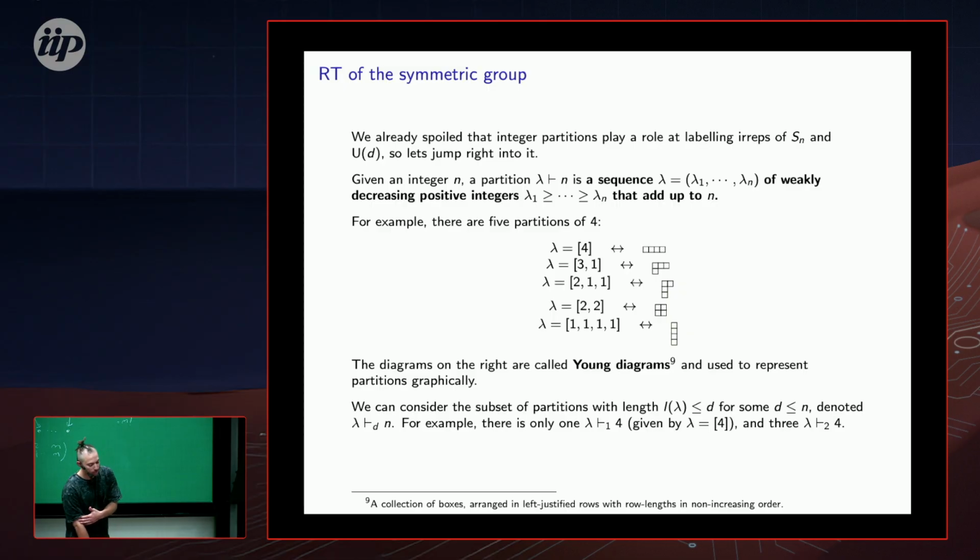It will be important later to consider the subset of partitions of 4 that have a fixed length, or up to some length, let's say D. So for example, there's only one partition of 4 with at most one part, which is the first one. But there are 3 partitions of 4 with at most 2 parts, which are the first, the second, and the third.